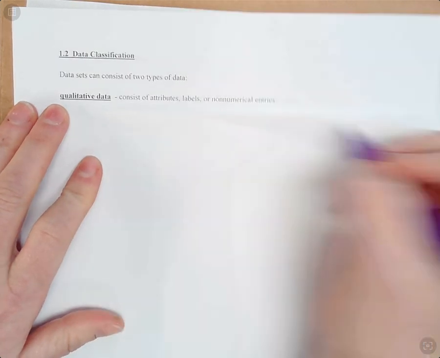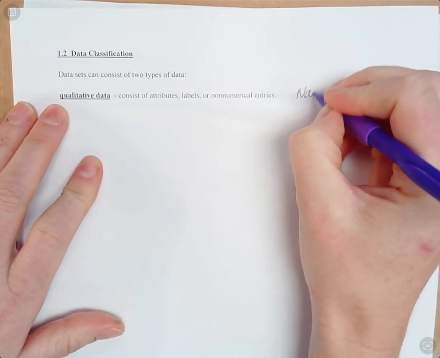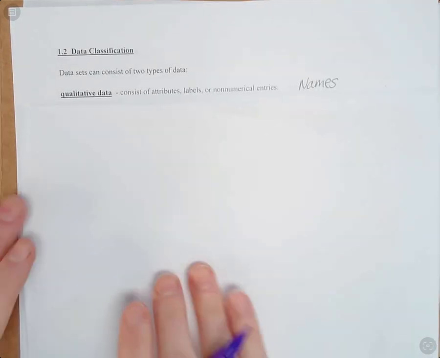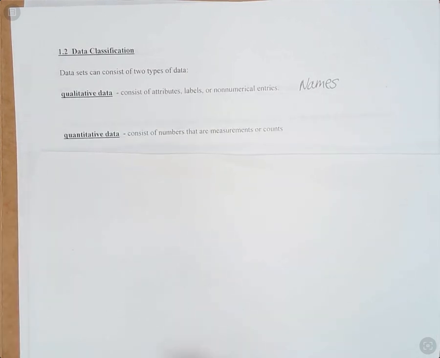Okay, so qualitative cannot be expressed as numbers. So it's more like labels and names. Let me write names out to the side. Okay, but quantitative consists of measurements, numbers that are measurements or counts.